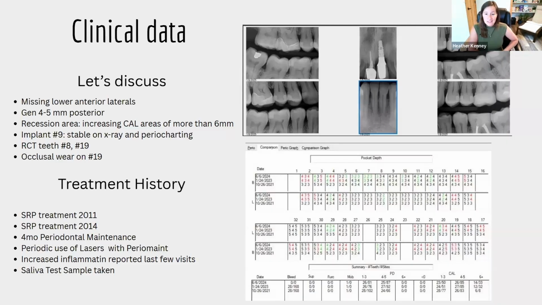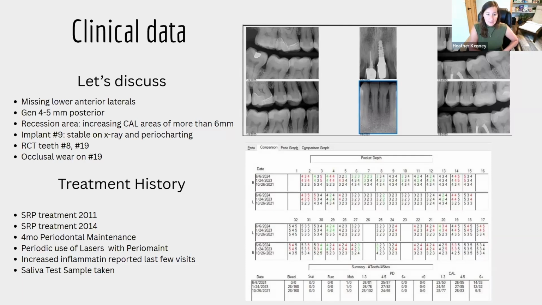So we have a full mouth series, and we can see a couple things on there. Obviously, there was some trauma in the anterior teeth. We are congenitally missing, or we're missing lower laterals. What else do you guys see in this that you might be red flagged with as far as the history?